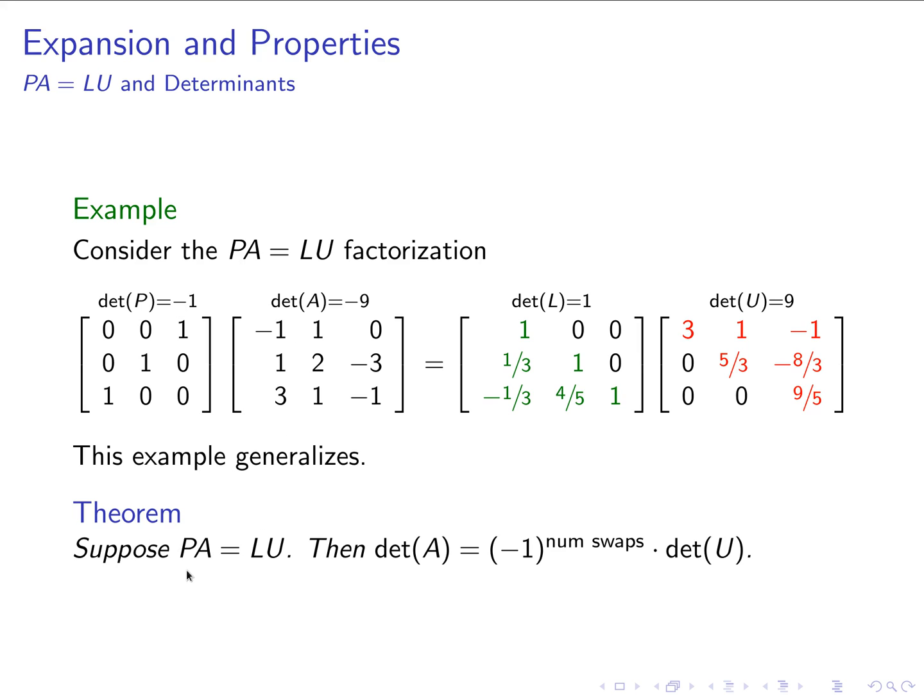So let's say that we know that P times A equals L times U. Well, we quickly get a formula for the determinant, which says that the determinant of A is always equal to -1 raised to the number of row swaps it took to get from A to U, multiplied by the determinant of U. And the determinant of U is always easy to calculate because it's an upper triangular matrix, so we only need to multiply the diagonal entries together to obtain that determinant.